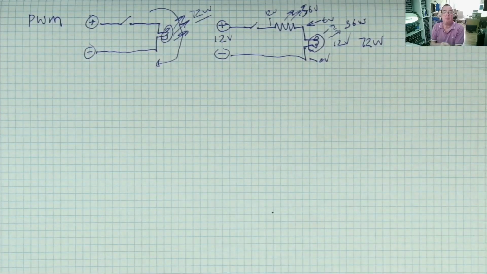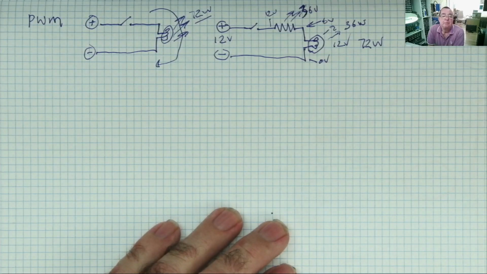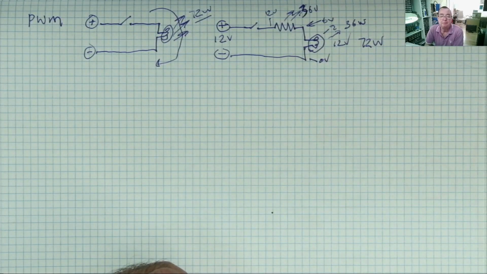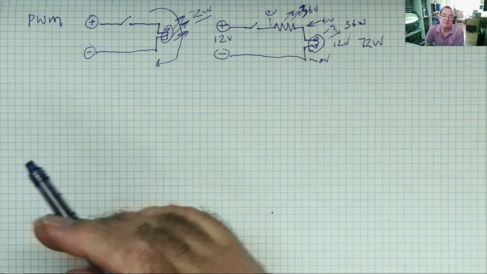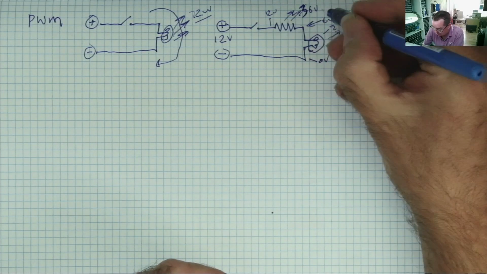So the total power being dissipated by our circuit is still the same, 36 watts by the resistor and 36 watts by the light bulb. The resistor won't glow like the bulb does, it will get hot, unless you fit a resistor that can't handle the 36 watts.